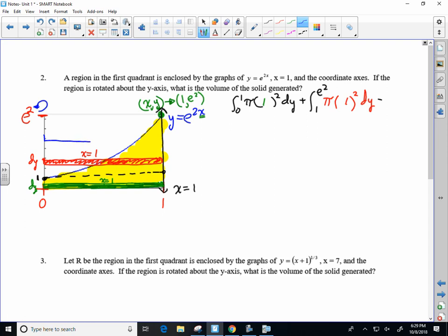From that, I'm going to subtract the dimensions of my other arbitrary rectangle. Thickness dy, pi r squared dy, some length x equal to, well, it's related to this function, y equals e to the 2x. So I need to solve that for x in terms of y. So I have to use a natural log, or convert over.